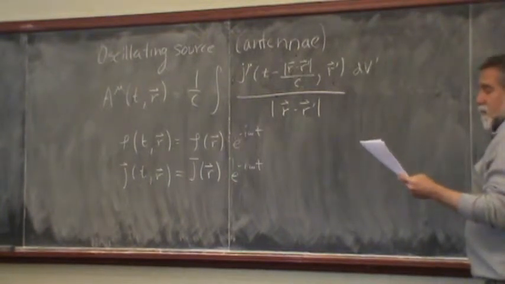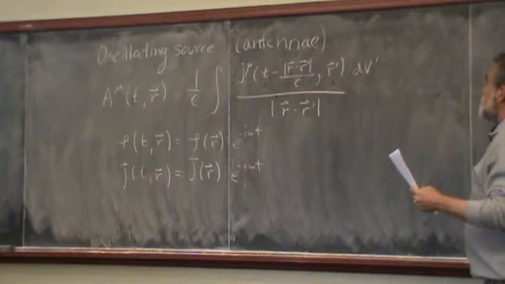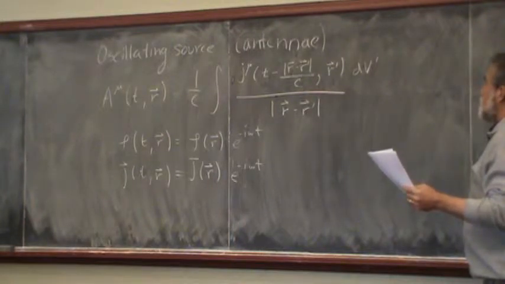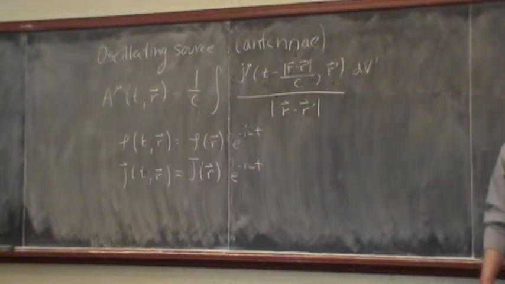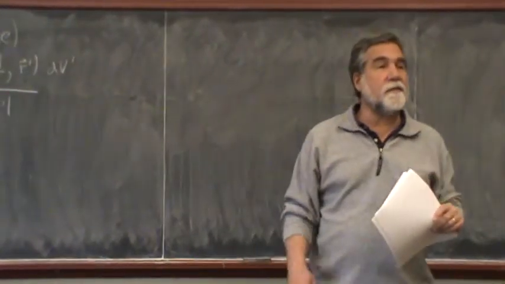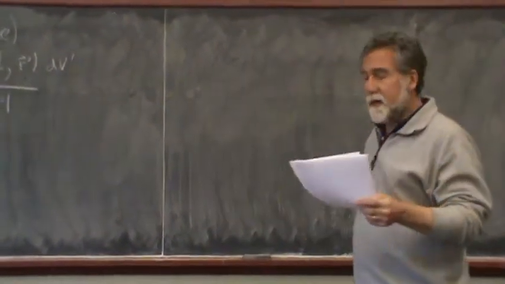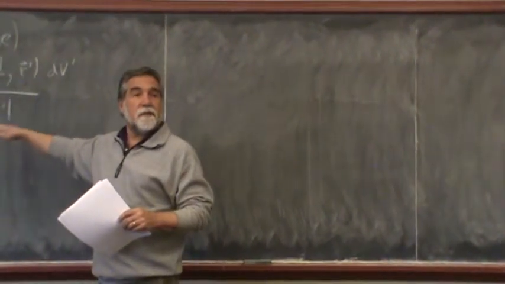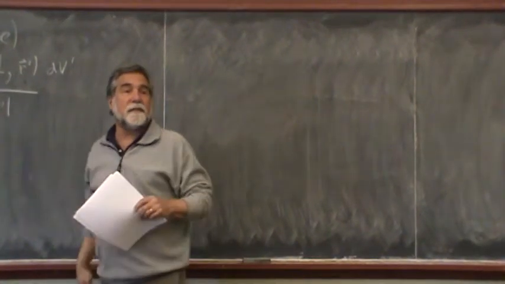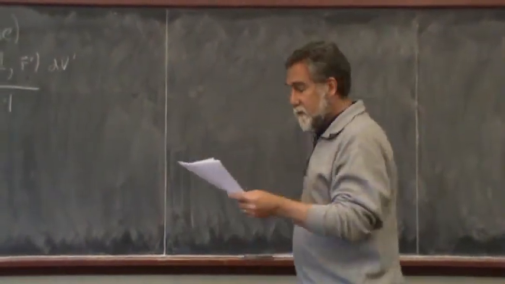I want to do this calculation in free space because I want to find the vector potential at a particular point. So I'm going to use these harmonic potentials to eliminate t as a direct variable in the calculation.